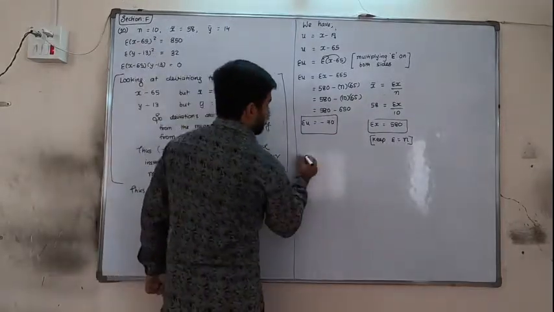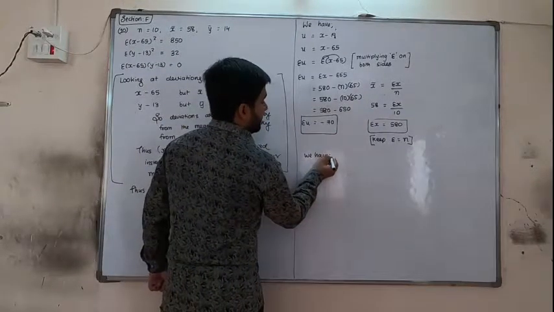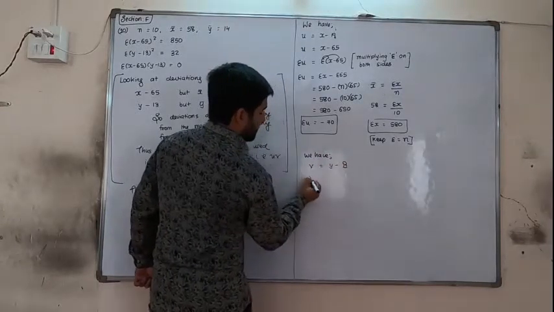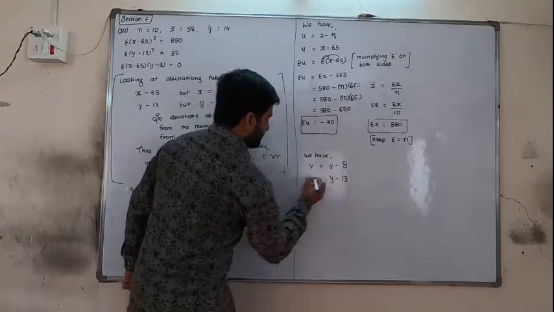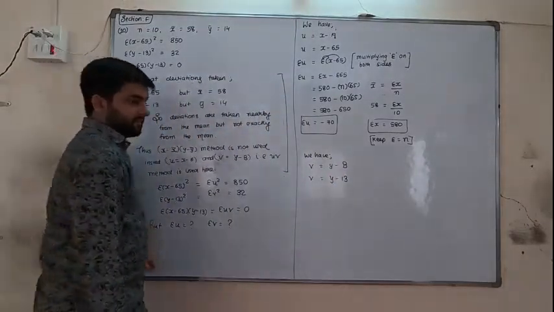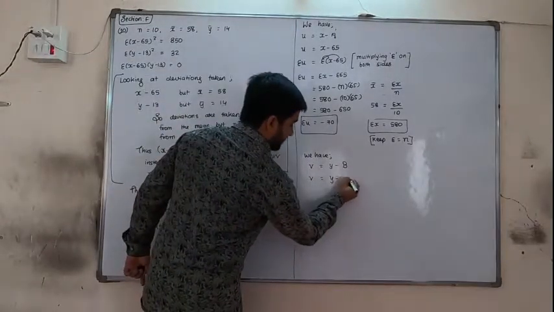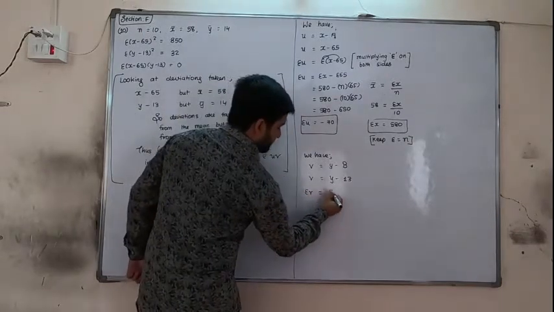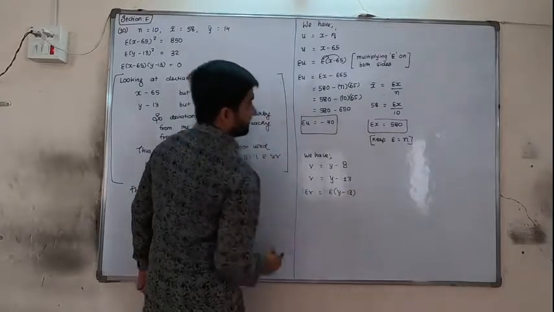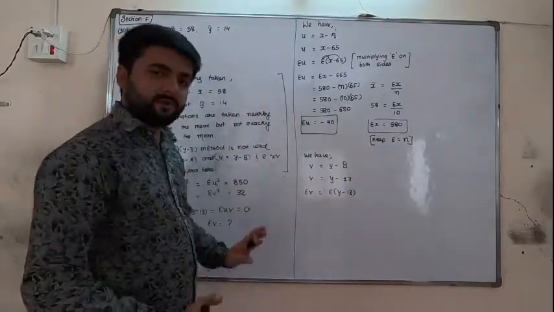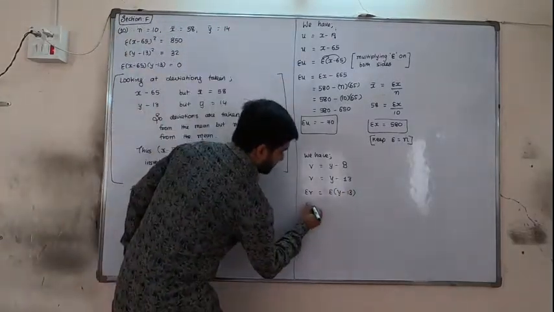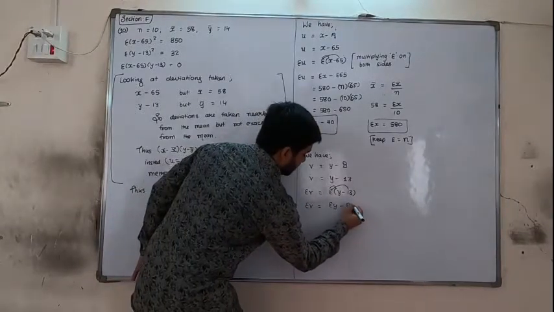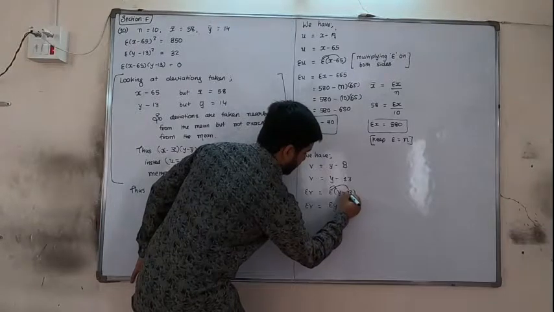In the same way, we have v is equal to y minus b. Here v is equal to y minus 13. This is b and this is 13; understand the difference between 13 and b. So sigma v is equal to sigma y minus sigma 13.